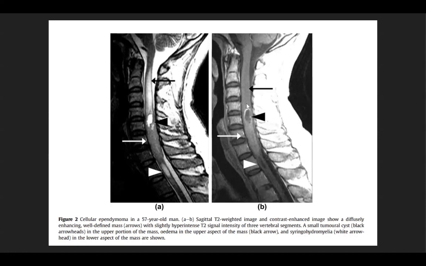So where do you think is the lesion? Is it intramedullary? Is it intradural? Is it extramedullary? Where do you think this is? Intradural, intramedullary. This is an intradural intramedullary lesion.